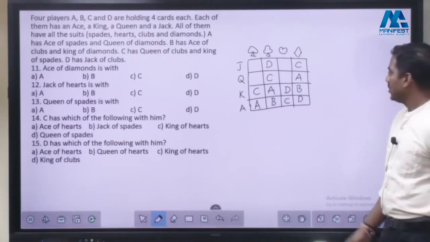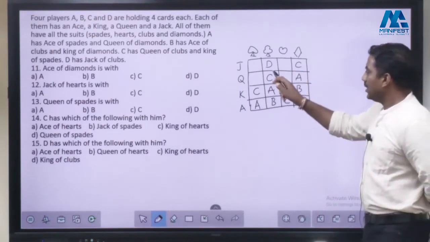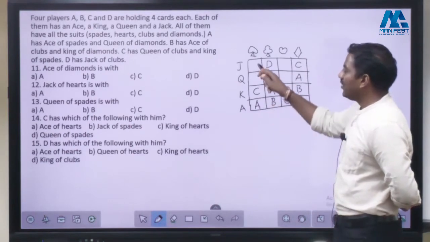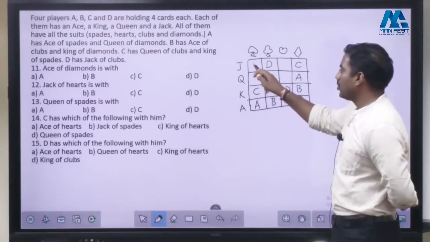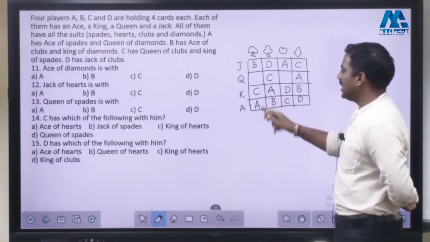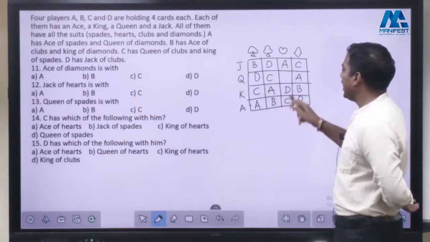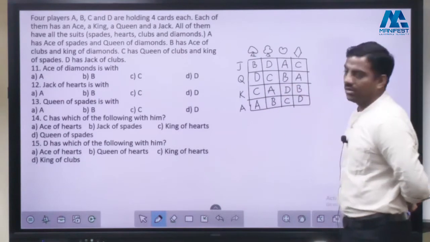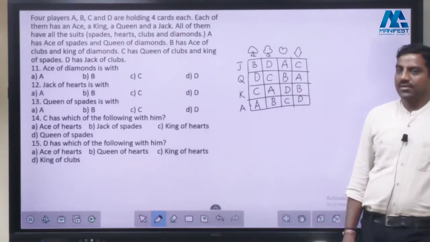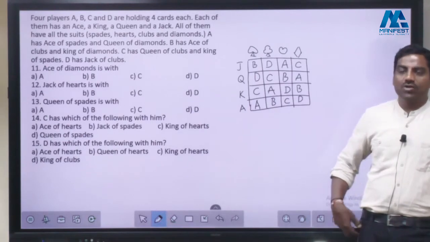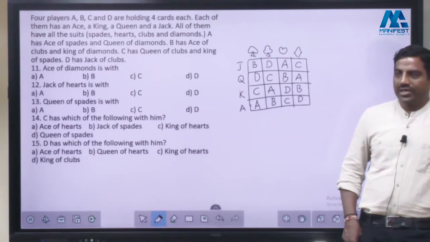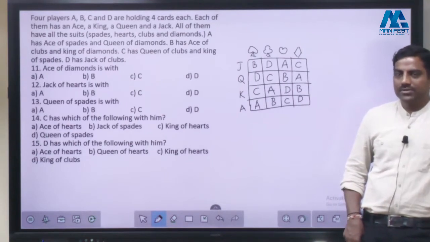We put C. Now, I can put A and B here, but A is already filled here. So here I can't put A, I can put B. So here A. So in BCA, D is left. In ADC, B is left. See, this is basic, okay? We are not filling 9 cross 9 Sudoku. We are filling only 4 cross 4 Sudoku here. Okay, fine?